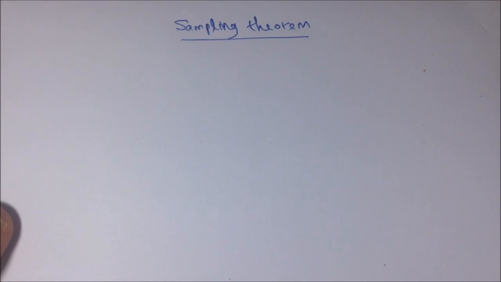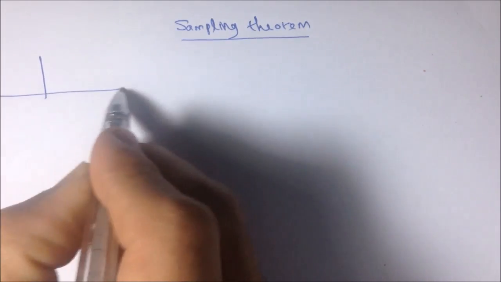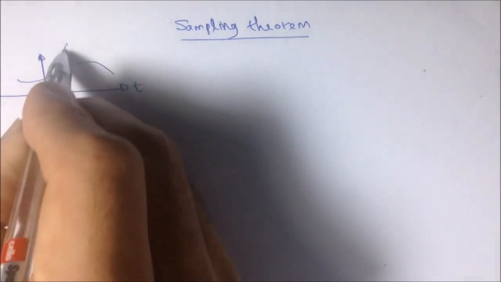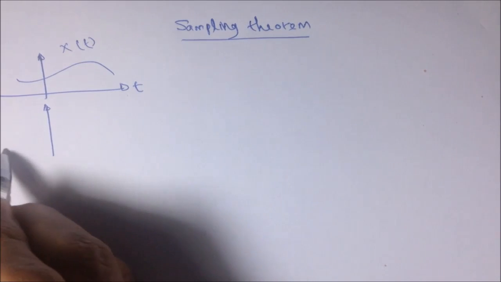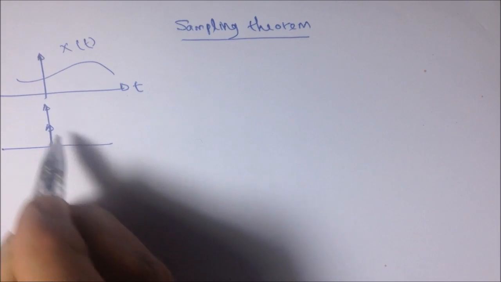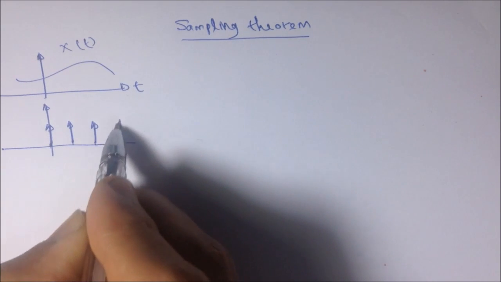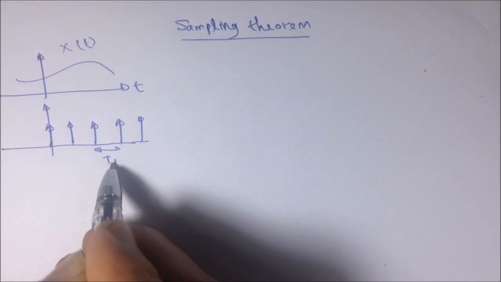Mathematically, the sampling process is defined by multiplying the continuous signal, let's call it x of t, by a train of pulses spaced with an interval called Ts.